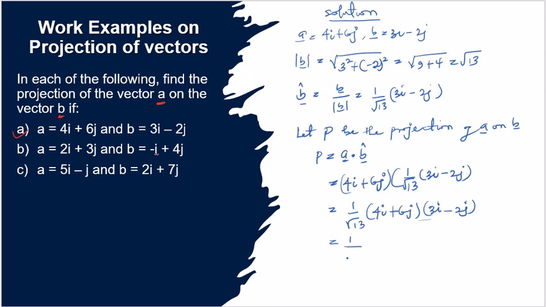So we have 1 over root 13 into 4 times 3 plus 6 times negative 2.